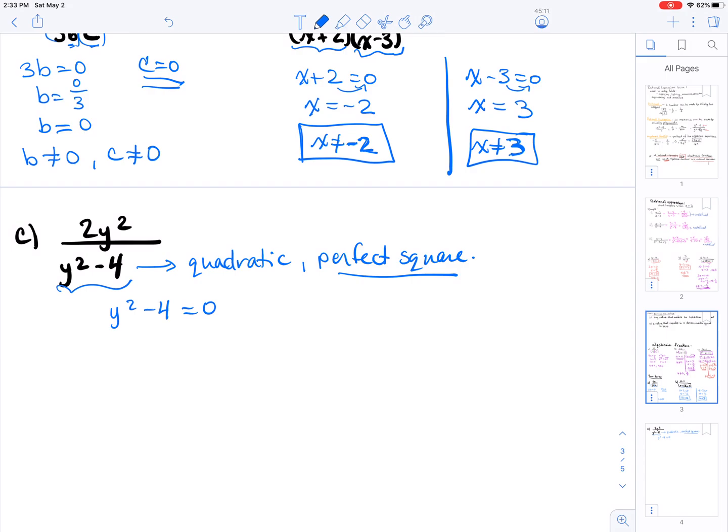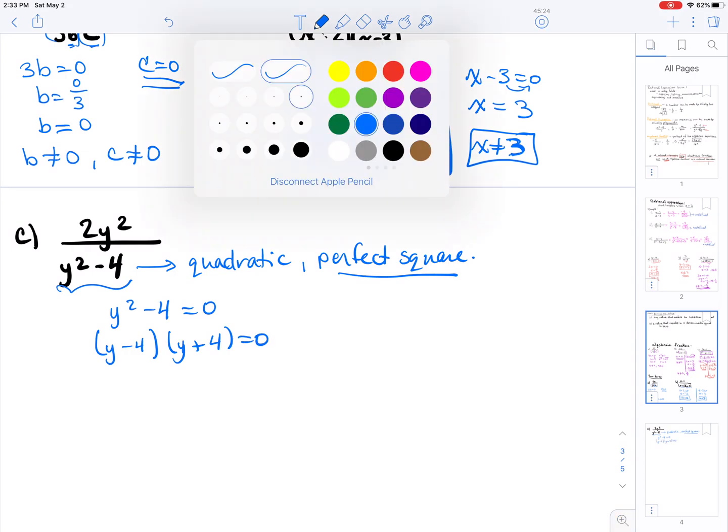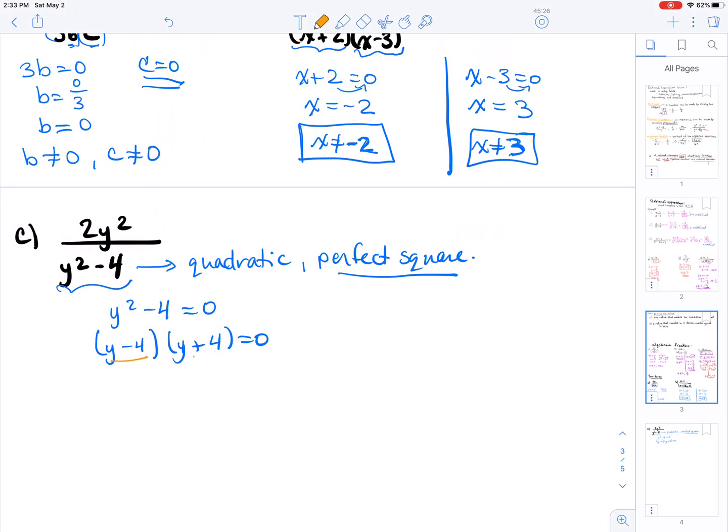So I can factor this and find my two factors and then isolate out my y. So I have y minus 4, y plus 4 equal 0. And now I can isolate out my two factors, solve for y, and find my non-permissible values. So let's take y minus 4 as the first one, equal to 0, and then y plus 4 as the second one.